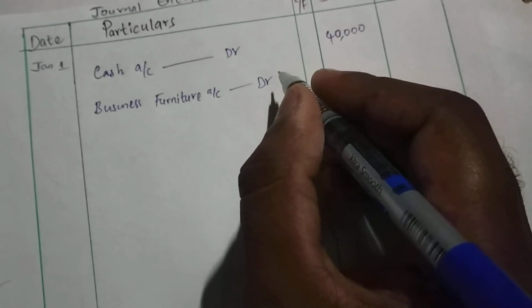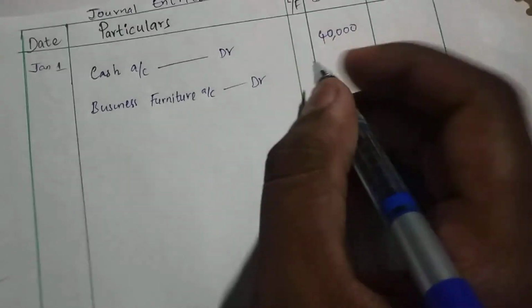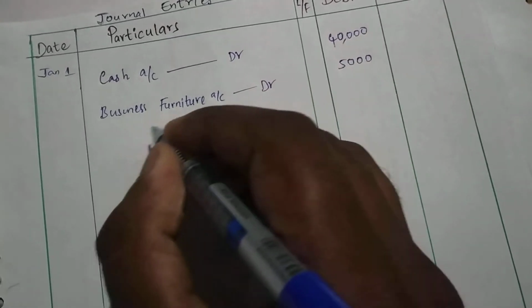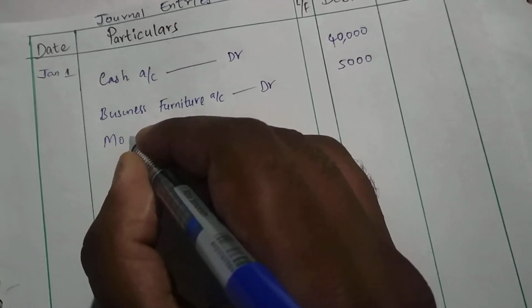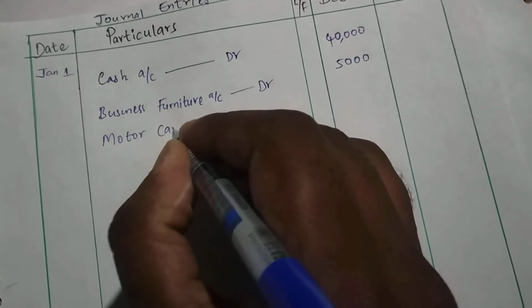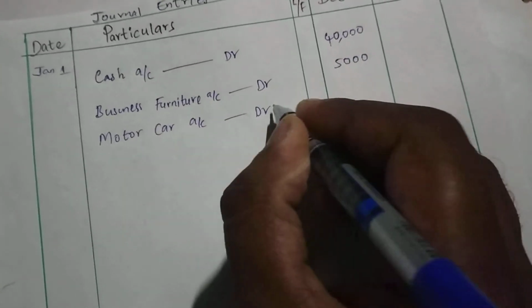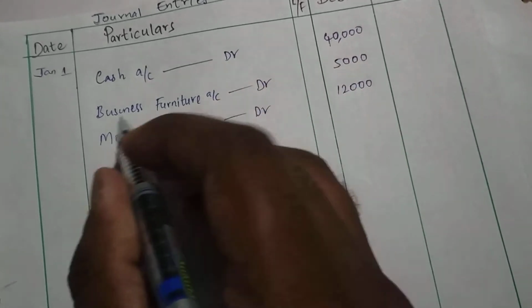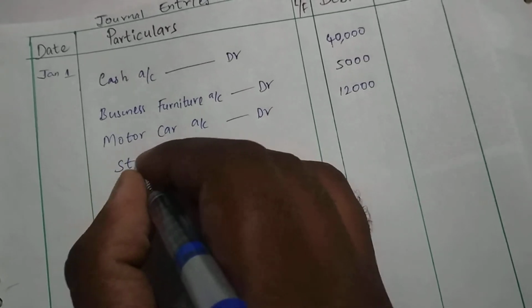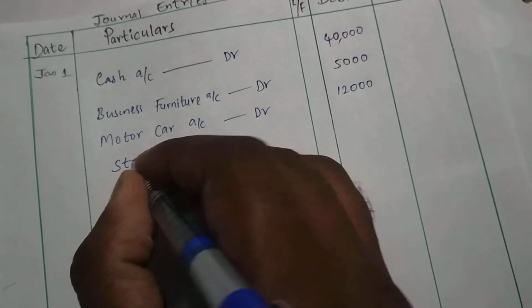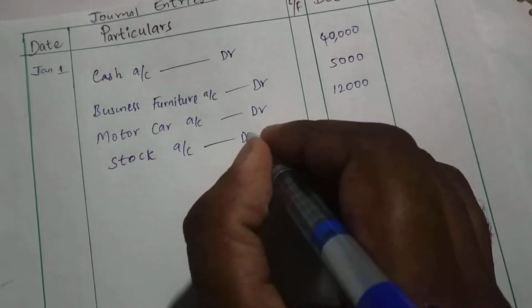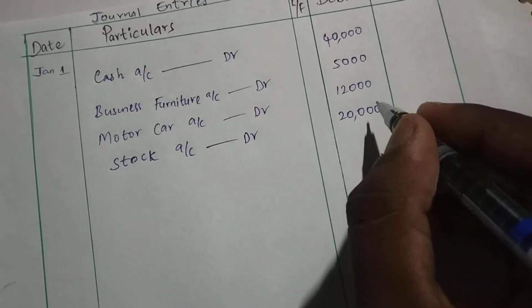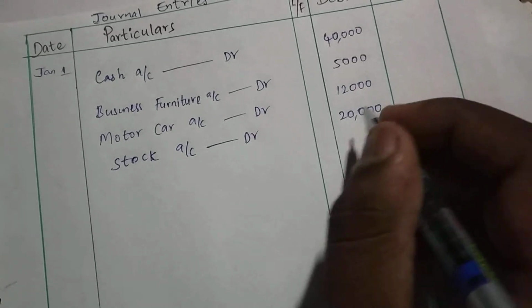How much? Furniture value is 5,000. We are getting a motor car too. Motor car account debit. How much? It's 12,000. And stock, here we are getting some amount of stock. Stock account debit is 20,000. So a total of 77,000 value we are getting towards our capital.